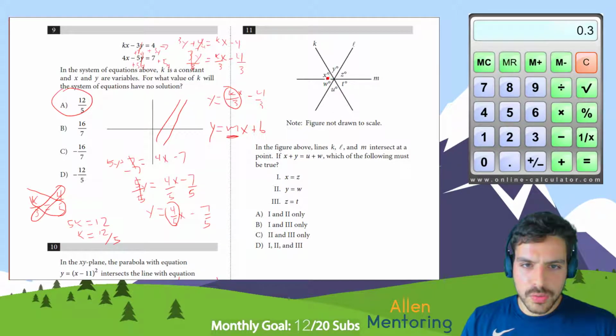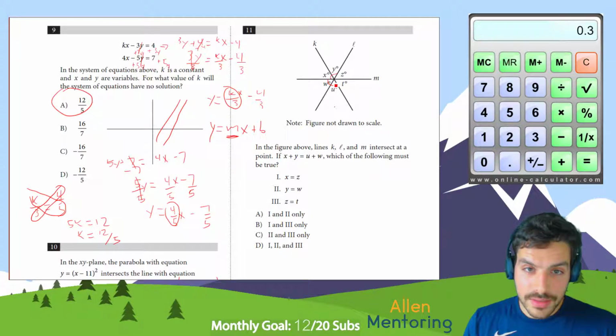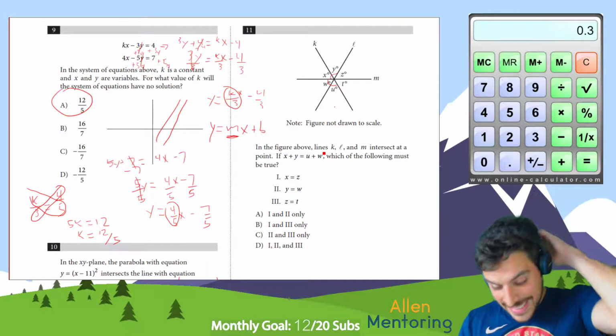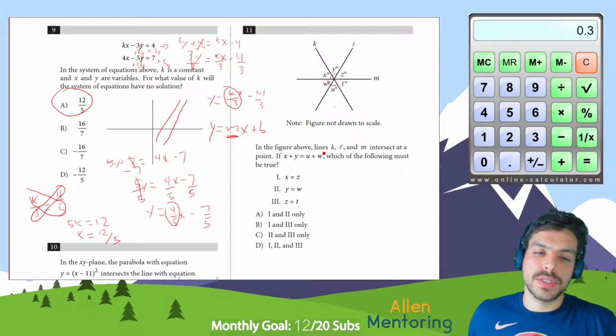If x plus y is equal to u plus w, so if this is equal to that, which of the following must be true? 1, x is equal to z, 2, y is equal to w, and 3, z is equal to t.